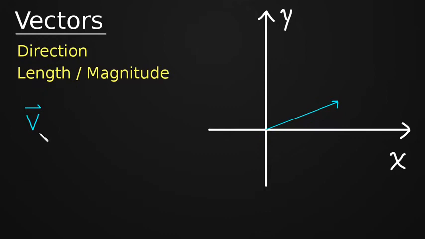So the vector V, and now I want to capture the information that arrow is telling us without needing to draw it. I'm not going to say V is equal to this arrow. That's too ambiguous. I need something more definite, something with more structure.